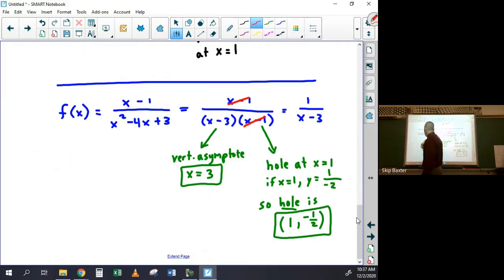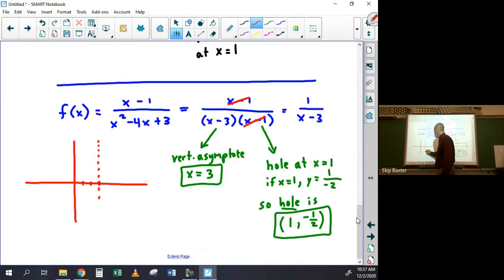So this graph looks like 1 over x, but shifted 3 units to the right. And there's a hole at the point 1, negative 1/2. So it looks like this: like 1 over x, but there's a hole right there.